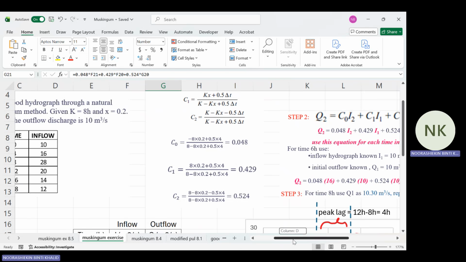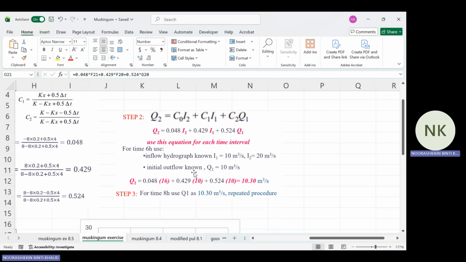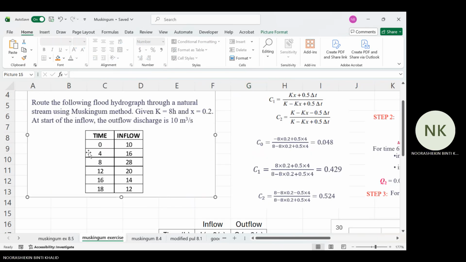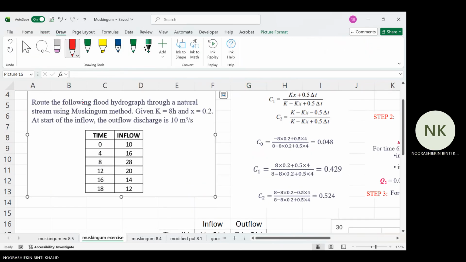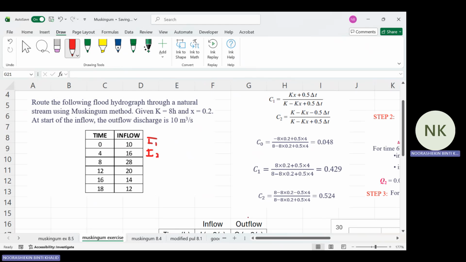carefully. And then build up the equation and put inside I2 and I1. This one I2. This one I2. This one I1. Okay.